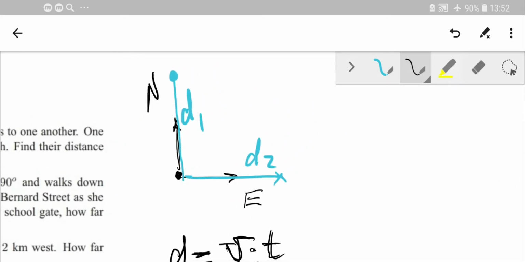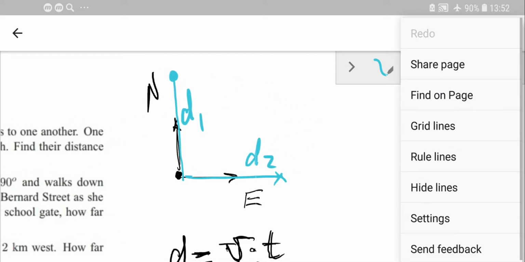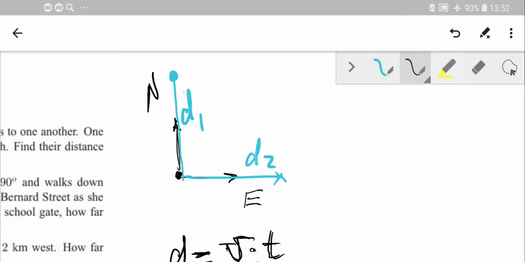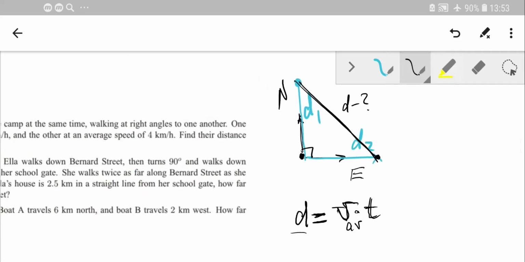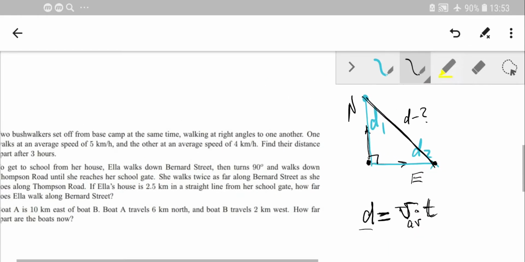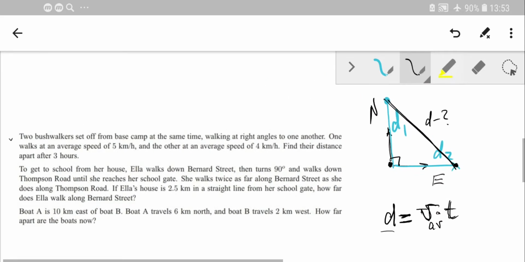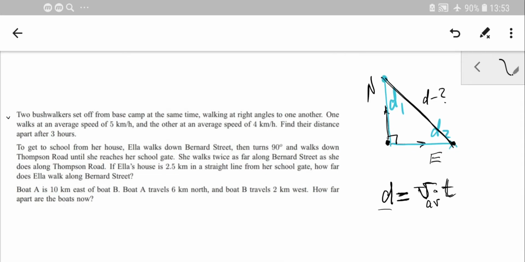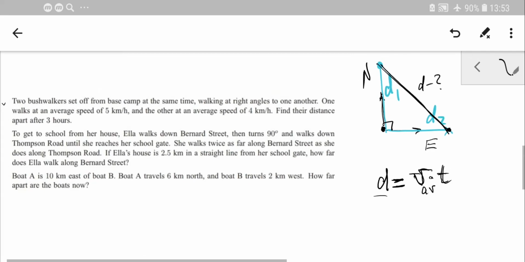So we need to find this distance. That's again Pythagoras, right? Because we have a right angle triangle. Let's calculate d1 and d2 using this formula.